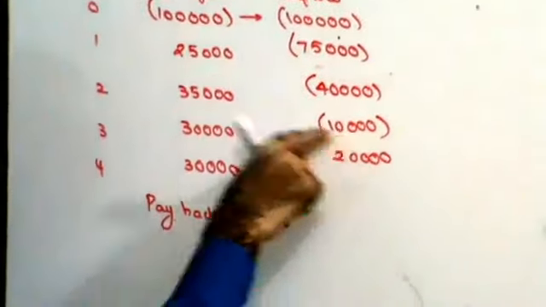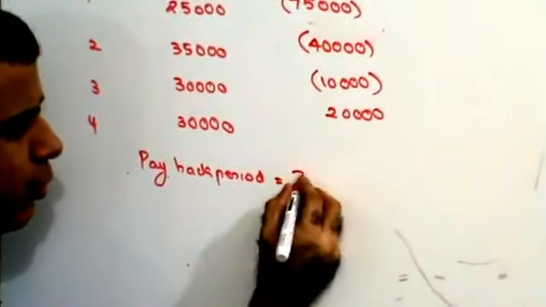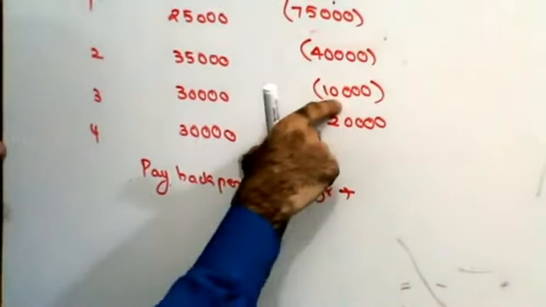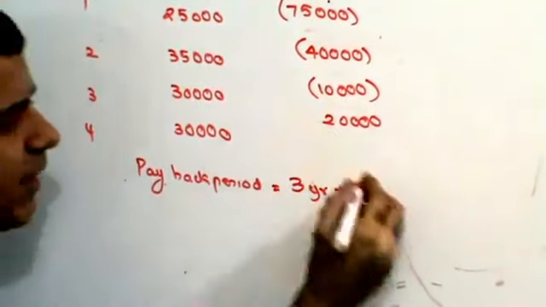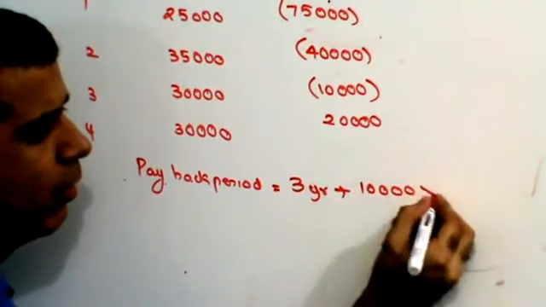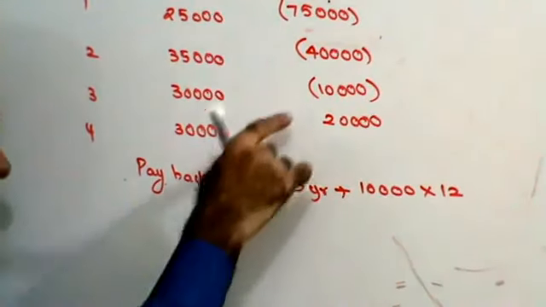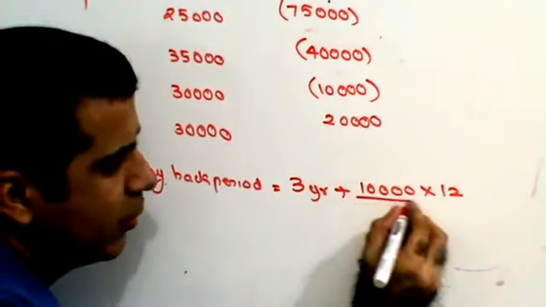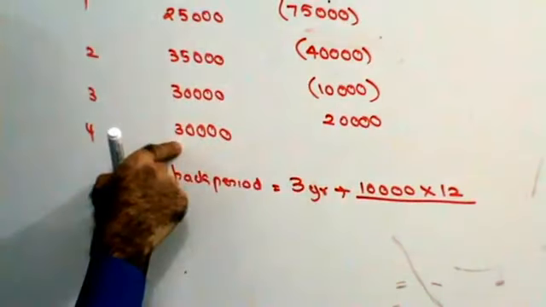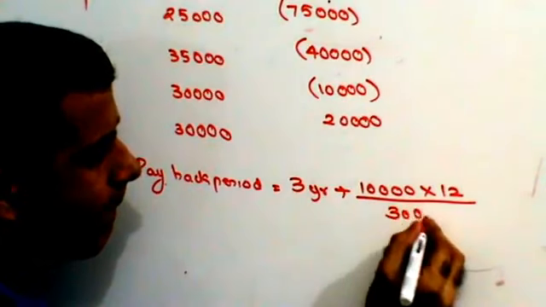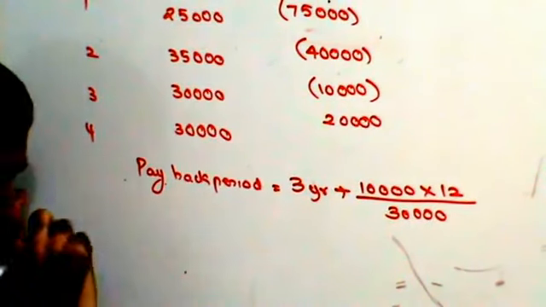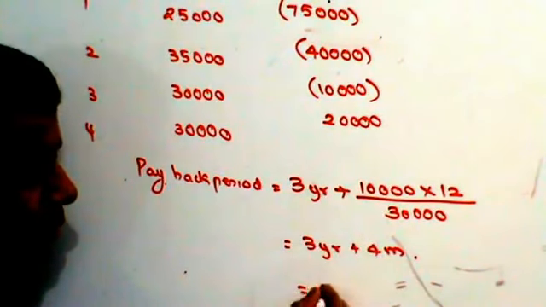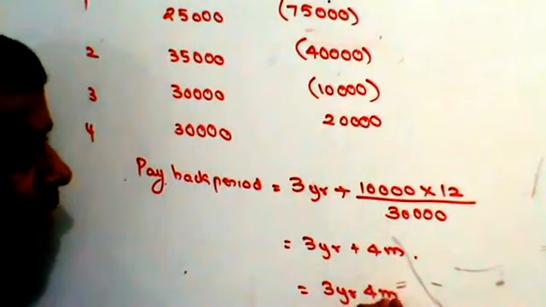Your negative cash inflow is till the 3rd year, so your payback period will be 3 years plus multiply the final negative cumulative cash inflow by 12 and divide by the adjoining cash inflow. Right? So this is going to be 3 years, 4 months. So payback period is 3 years, 4 months.